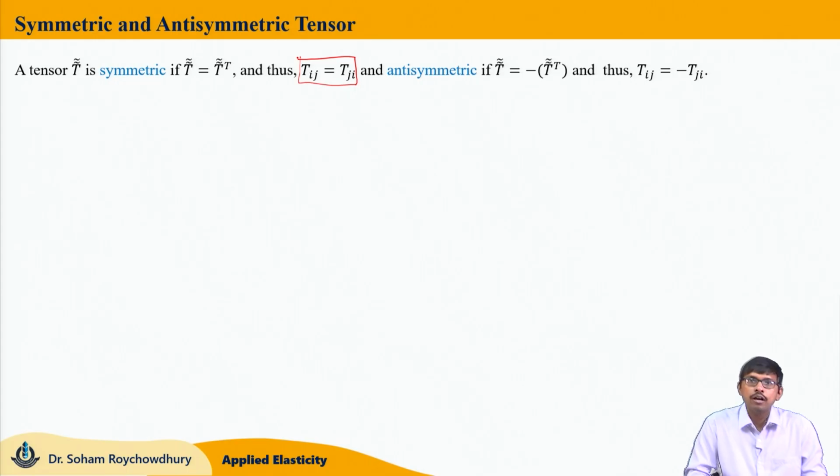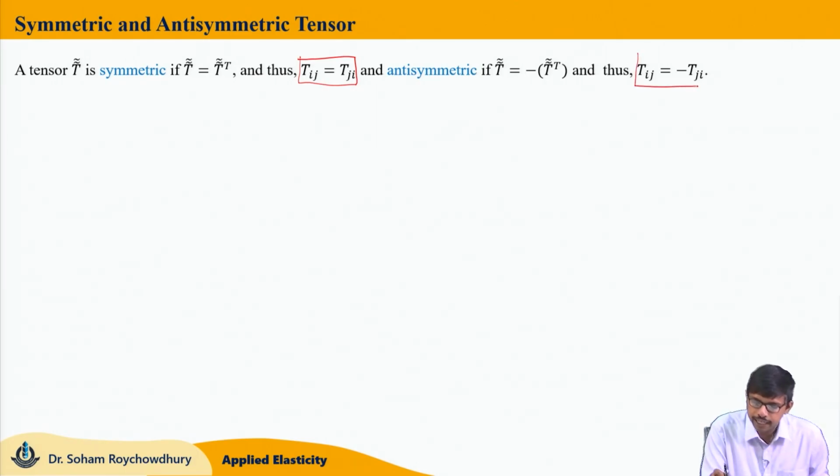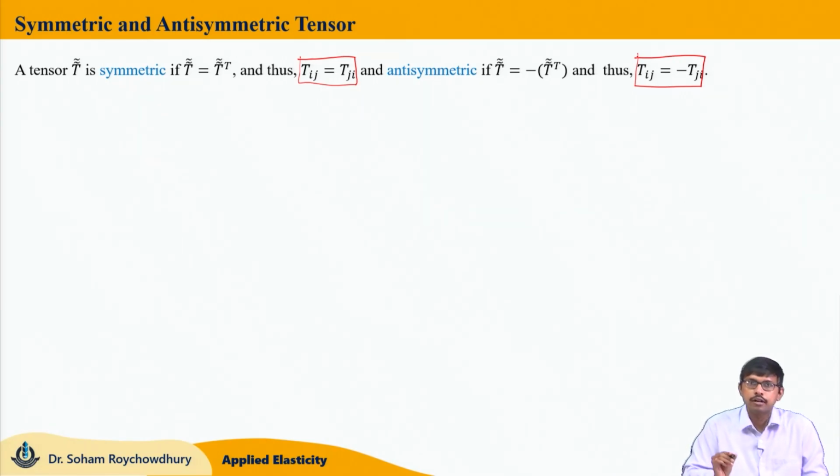T can be called an antisymmetric tensor if T is equal to minus T transpose, and thus its component T_ij is equal to minus T_ji. So, if T and T transpose are the same, it is called a symmetric tensor. If T is equal to the negative of T transpose, it is called an anti-symmetric tensor.